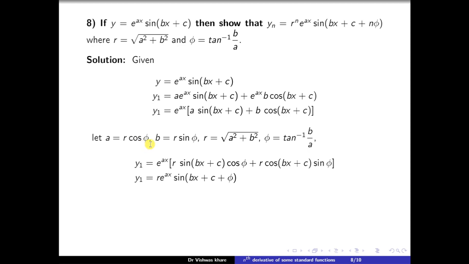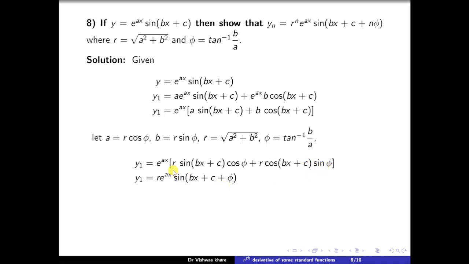Now let a be equal to r cos phi and b be equal to r sin phi, where r is equal to under root a square plus b square and phi is equal to tan inverse b by a. So this y1 can be written as e to the power ax, r sin(bx plus c) cos phi, because we have replaced this a by r cos phi, plus this b is replaced with r sin phi, so this becomes r cos(bx plus c) sin phi.